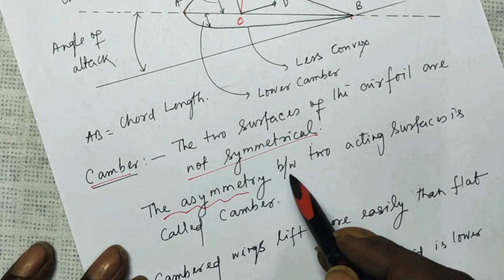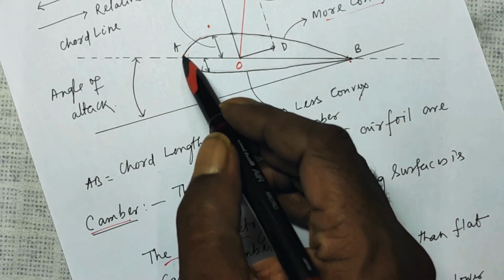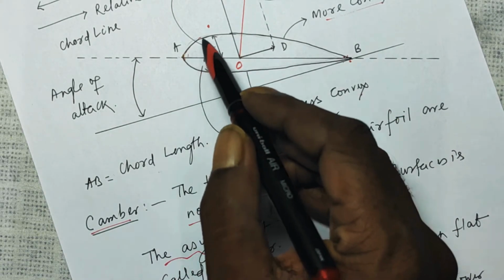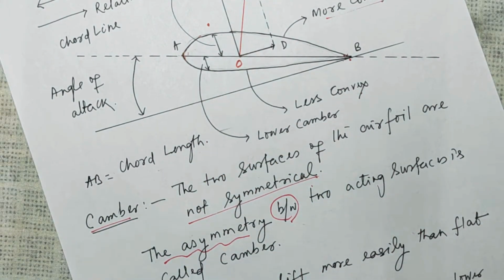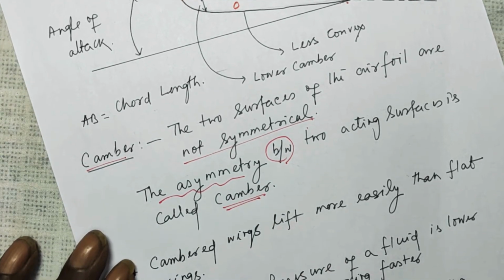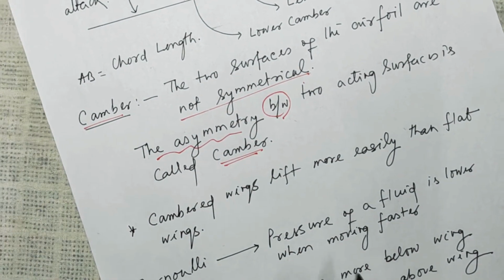The asymmetry between the two surfaces. The upper one is more convex, the lower one is less convex. That asymmetry is called camber, right? You might be asked a short question on this while facing certain viva examinations.